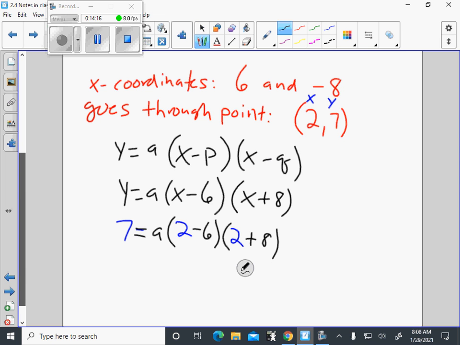And now we have to solve for a. Remember, we do what's inside parentheses first. So 2 minus 6, that's going to give me negative 4. And then 2 plus 8 is going to give me 10. Okay, now we multiply. What's negative 4 times 10? It's a times negative 40.